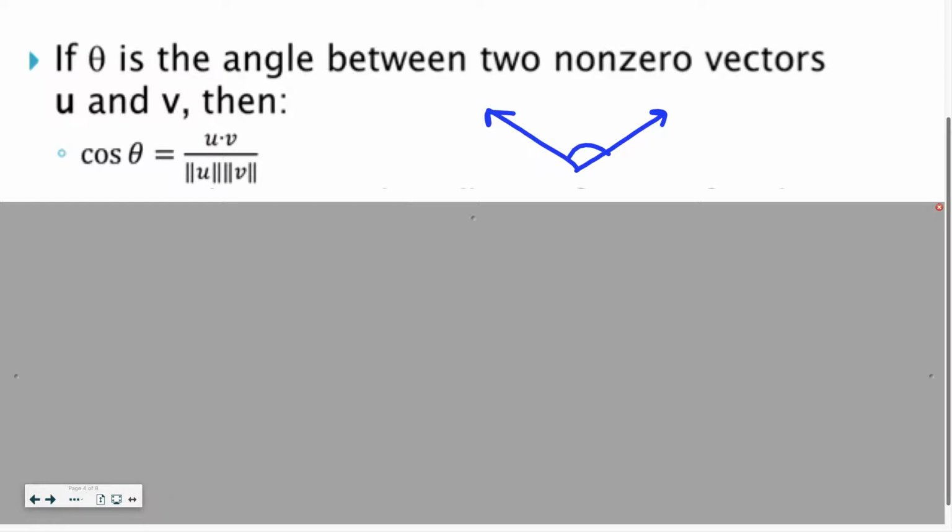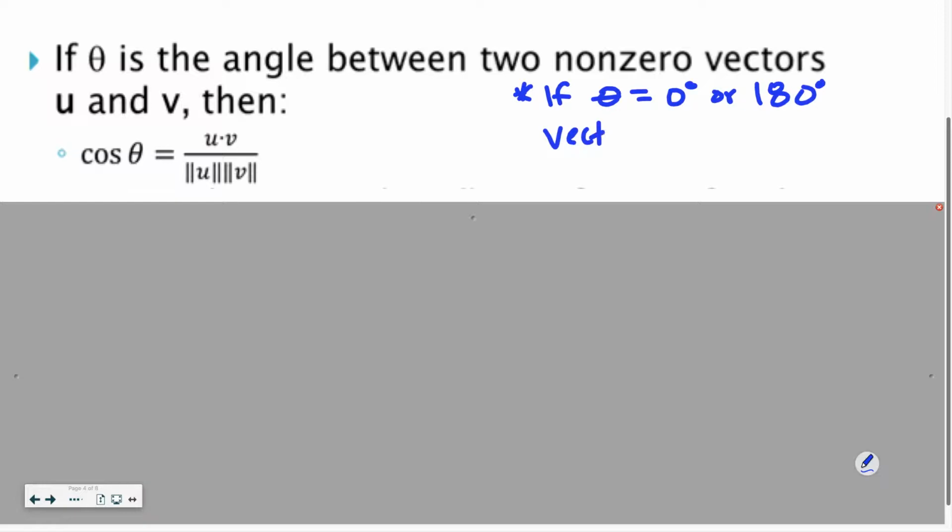If we have two vectors that are going in opposite directions, and their angle is 180, then technically those two would be parallel vectors, right? So you might want to make a note that if our angle is 0 or 180, our vectors are going to be parallel.